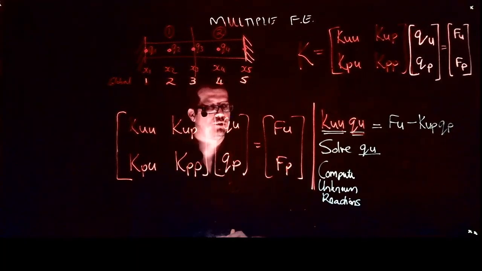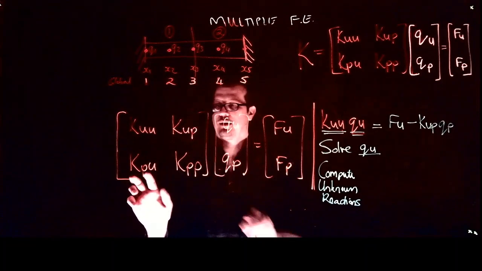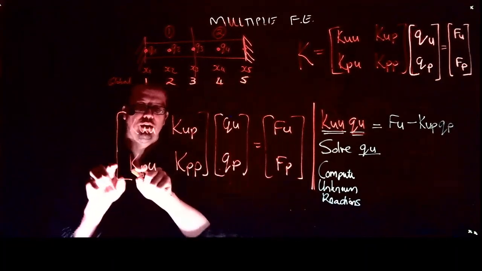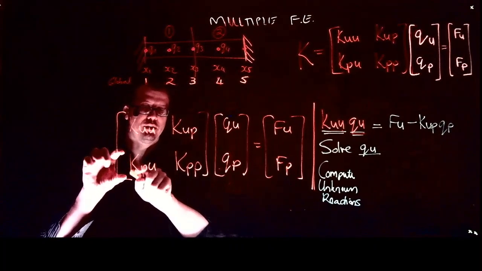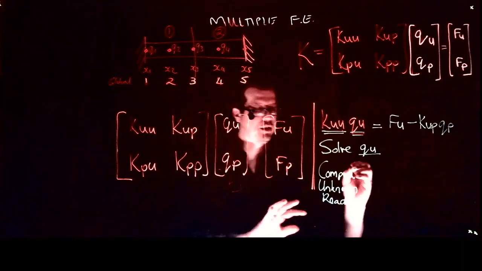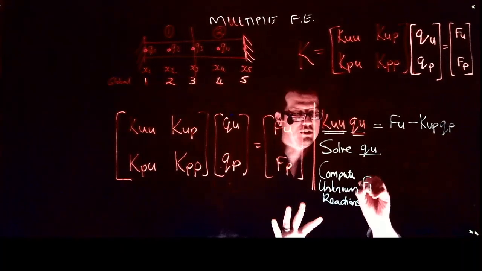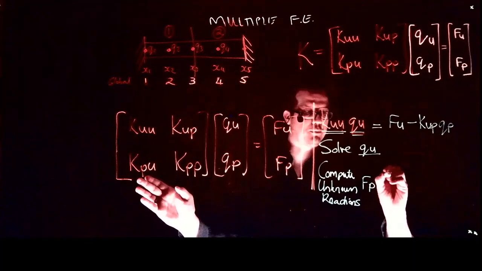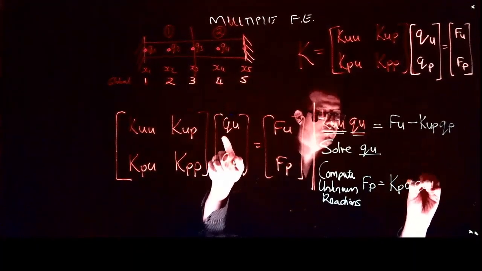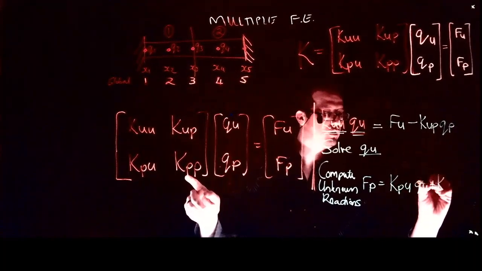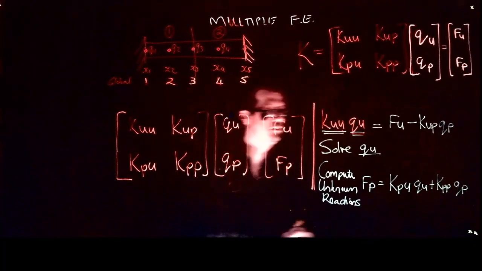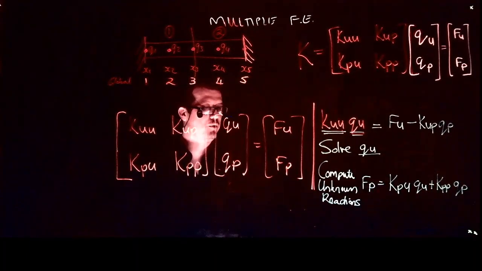The way we do that is to take these rows that we didn't use in solving for the unknowns. Essentially, this times this plus this times this is equal to FP. So for the unknown reactions, FP is equal to KPU times QU plus KPP times QP. That's it. And there we've solved for the unknown reaction forces.